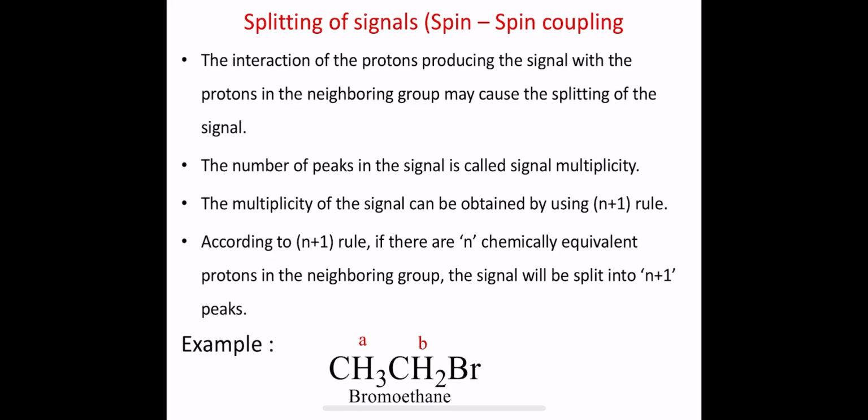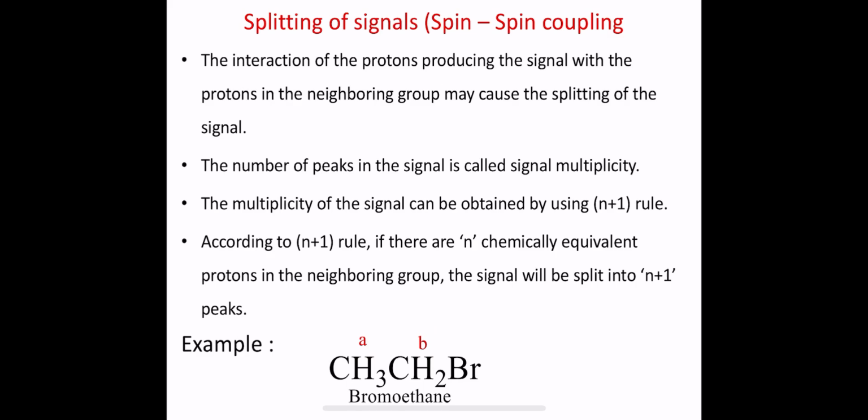That means for CH2 here, since 3 protons are present in the neighboring group, 3 plus 1 equals 4. That is why for methylene we get 4 peaks. In the same way, for this methyl group CH3, the neighboring group is CH2.